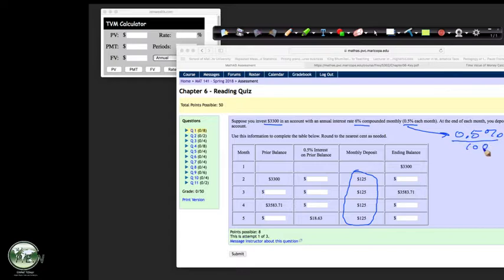Remember that proportion we had, a percent over 100? Okay, so that's where that comes from. When we do that, you plug that in, 0.5 divided by 100 is going to give you 0.005. So some of us just remember to move the decimal over 2 places. If you just do the calculation, you'll get it either way. Okay, so that's the factor we're going to use to calculate the interest each month.